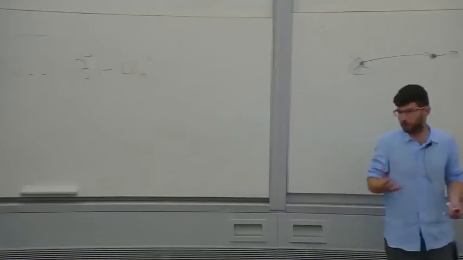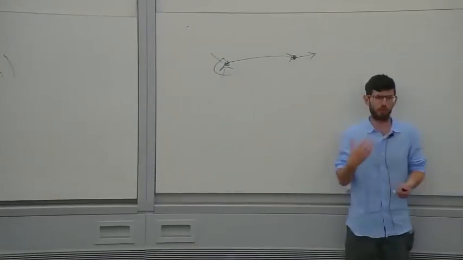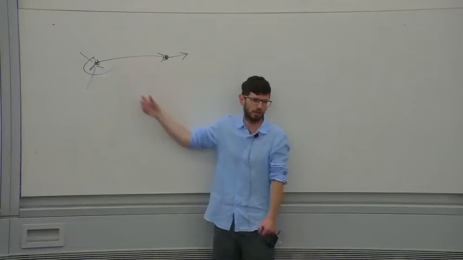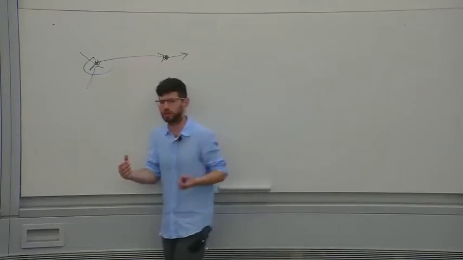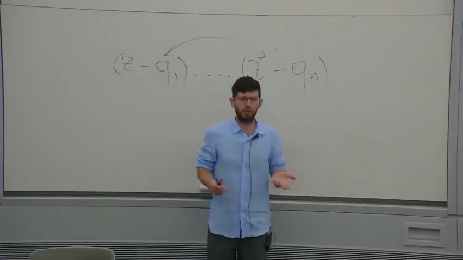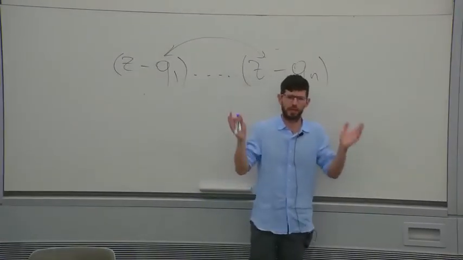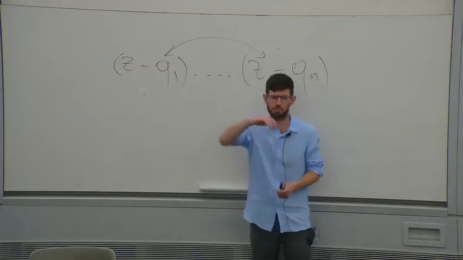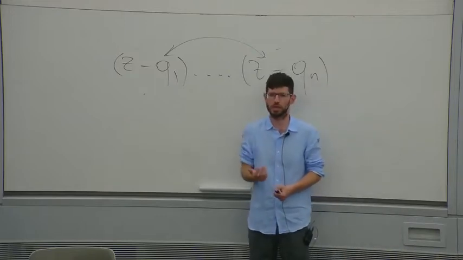So these cluster transformations can be thought of as Poisson maps of a certain kind. But because the graph is different, it's a Poisson map between two different spaces: a space associated to one quiver, and a space associated to another quiver. That's not quite what we want, because if we want to build something we hope to be an integrable system, we need a Poisson map from a space to itself.